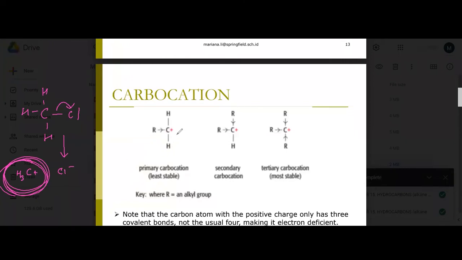Once again, how many R groups attach directly to the C+. In primary carbocation, the C+ is only connected to one R group, one C only. The secondary is connected to two R groups. In tertiary, there are three R groups.